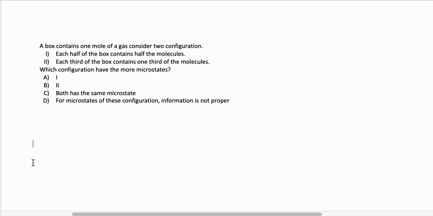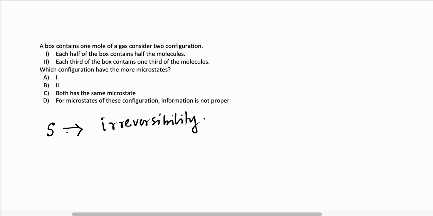You can see it in this way: suppose you have a large number of gas molecules. From the first things that you know, entropy is something that measures irreversibility, right?